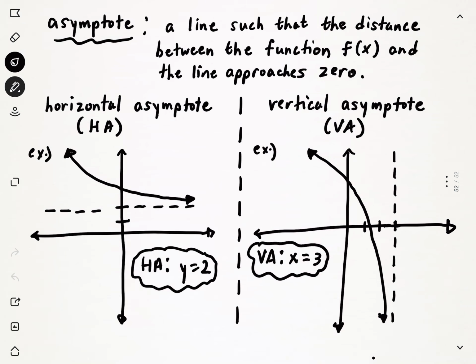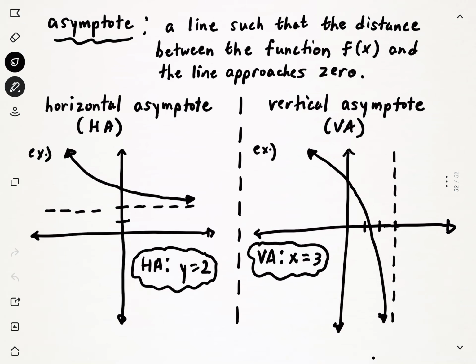So the horizontal asymptotes, if you remember back in grade 10, when you were studying linear functions in your numbers course, two years ago, well, we didn't do horizontal asymptotes then, but we did do horizontal lines. They have a special type of equation. If a line is horizontal, it can be represented with the equation y is equal to whatever number it passes through.